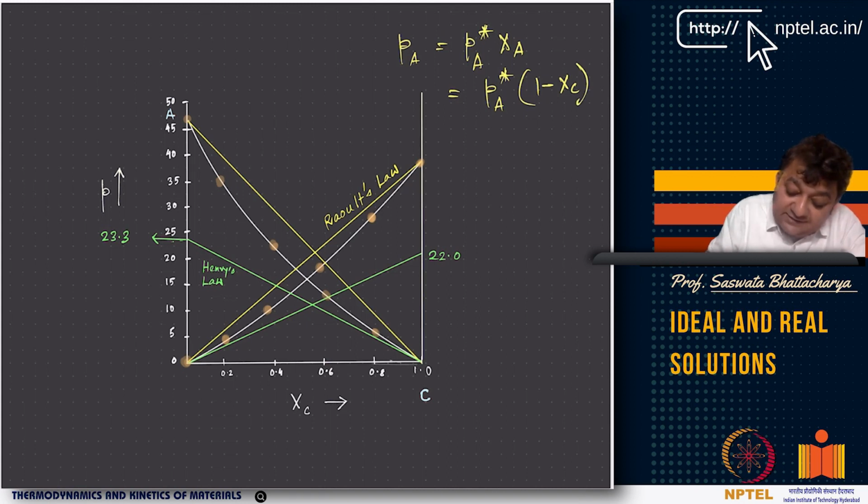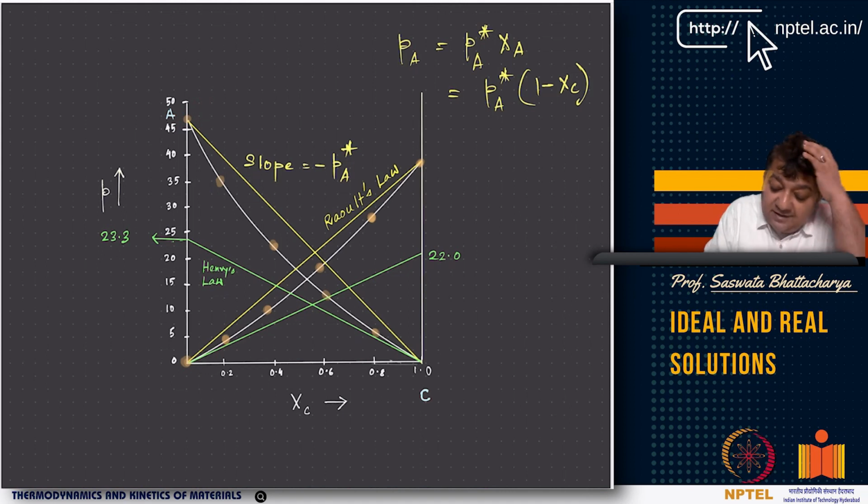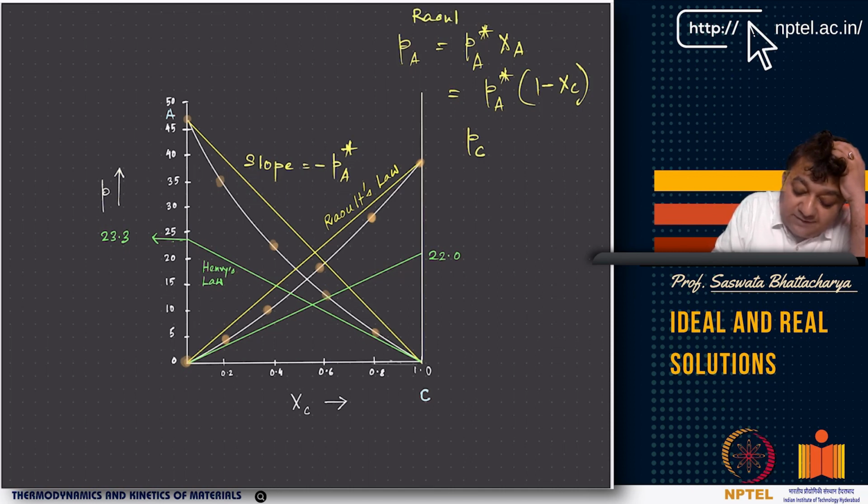So you can see that there is a slope of minus PA star, and PA star is here. The slope is minus PA star, and I can also write PC. So these are all Raoult's law. I'm drawing Raoult's law using the yellow pen. And PC equals PC star XC.